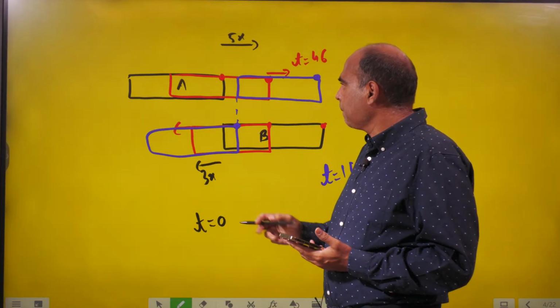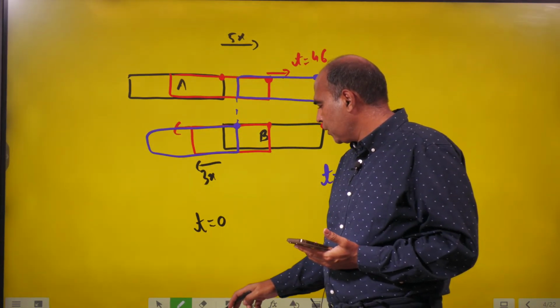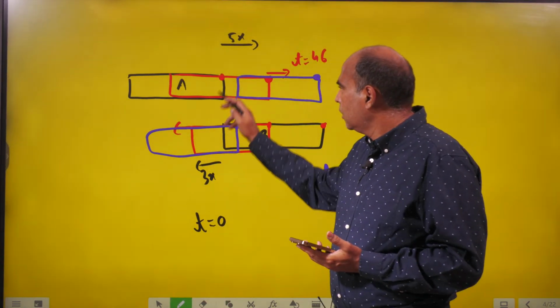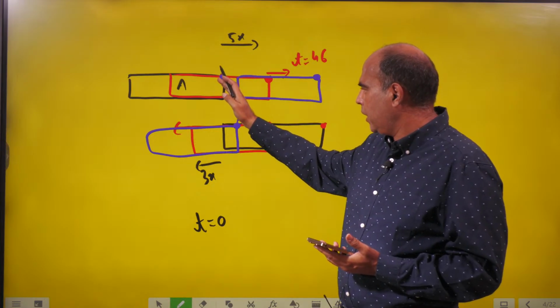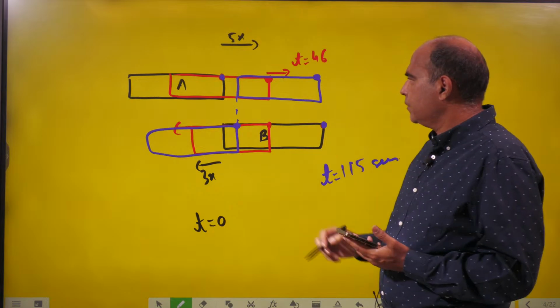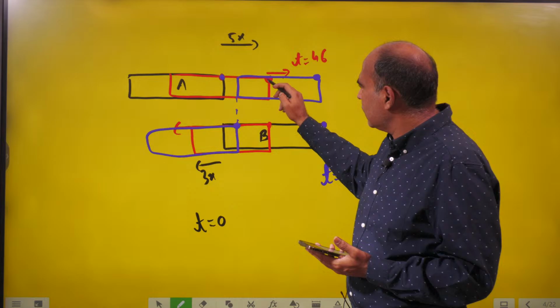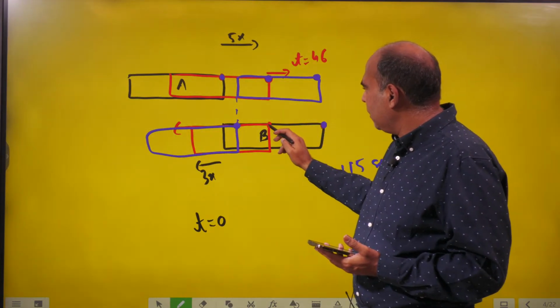From the black situation to the red situation, this was the engine of the first train, train A. At that time, the back of train B was here, right? And the engine of train A has reached this point, and this time the back of train B has reached this point.